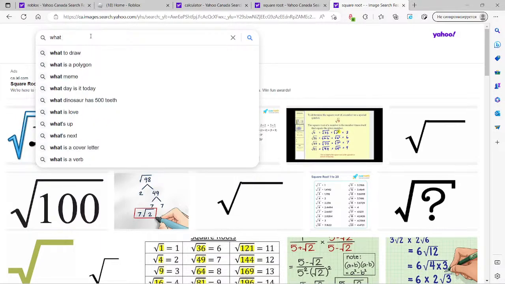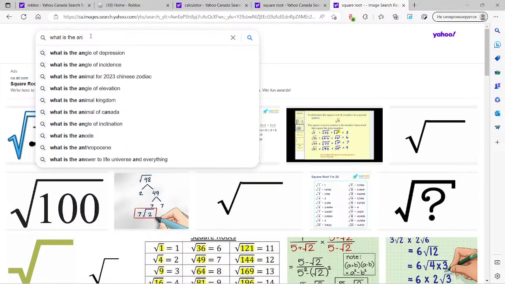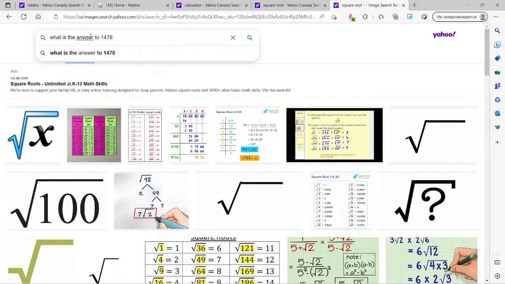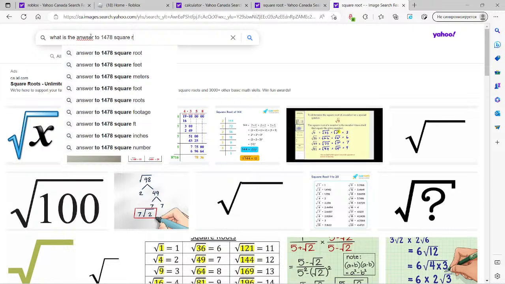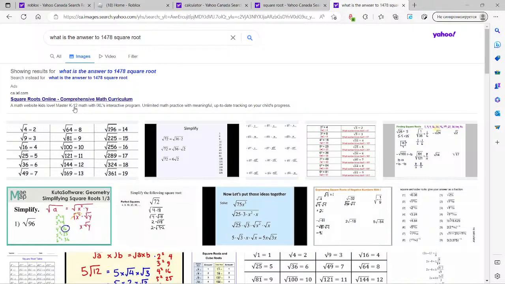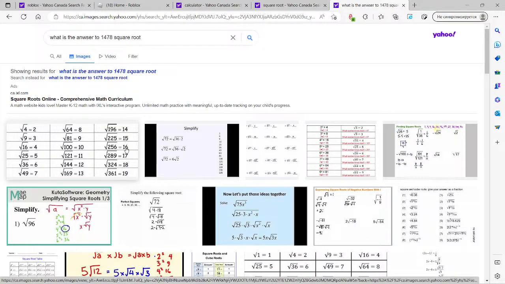What is the answer to 1478 square root? Wait. Google it.